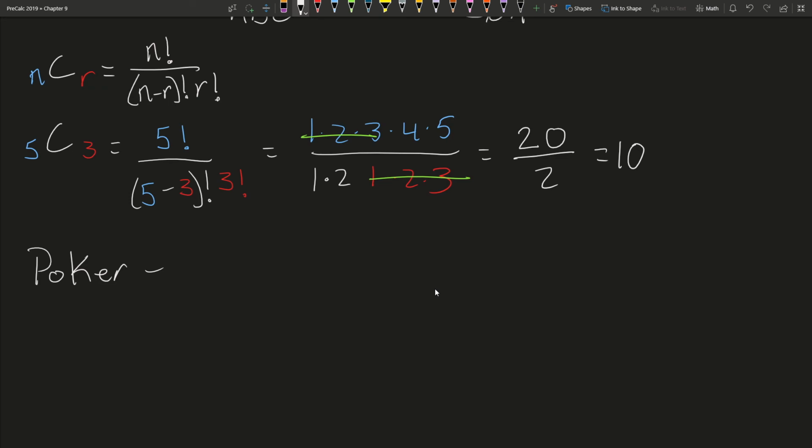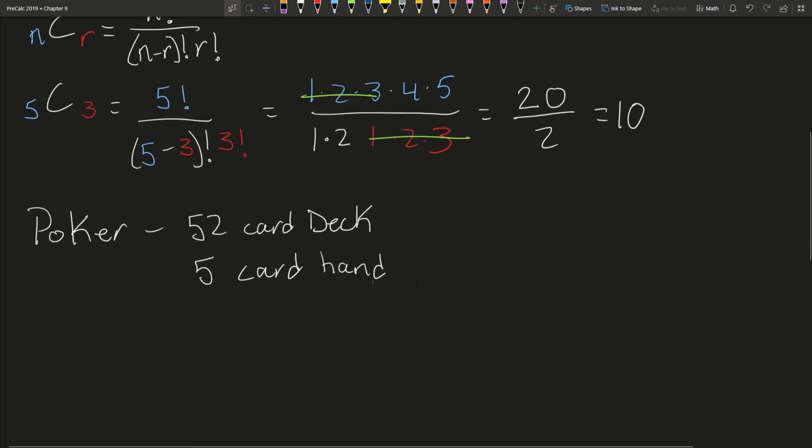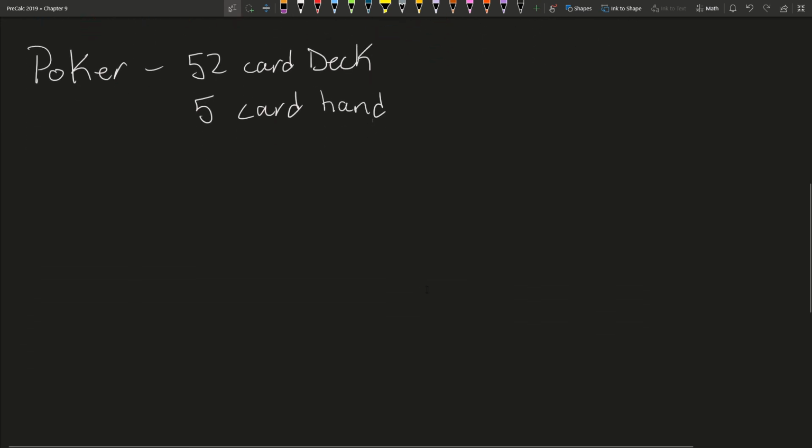So in poker, you have a 52 card deck, and you are given 5 cards. If you shuffle the deck a bunch of times and hand out 5 cards, I want to see how many different combinations of 5 cards there actually are.